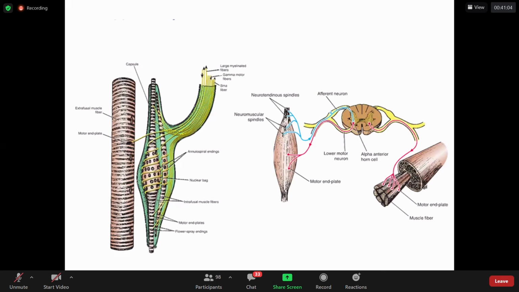What is your idea? There will be a very strong contraction, but you know muscles get fatigued. So after a few seconds, all the muscle fibers will be fatigued at the same time, and there will be no contraction. There will be a flaccid state of the muscle.